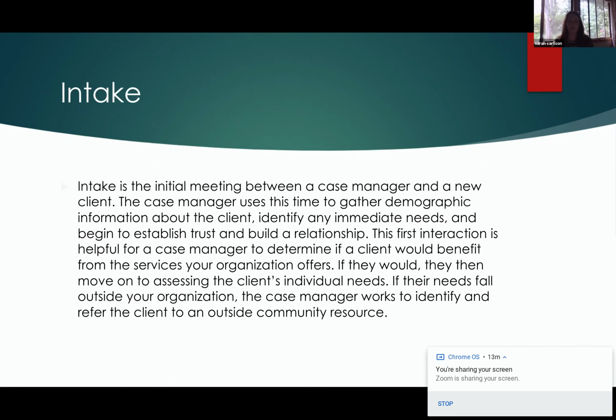So we want to make sure that we're creating a safe, comfortable space for folks, as comfortable as therapy can be, and that we're being transparent and fully disclosing what we offer, what we can do for the patient, what we can't do for the patient, what we don't offer, what their job will be as a patient, and what lengths we are willing to go, or what we are willing to share with the patient.